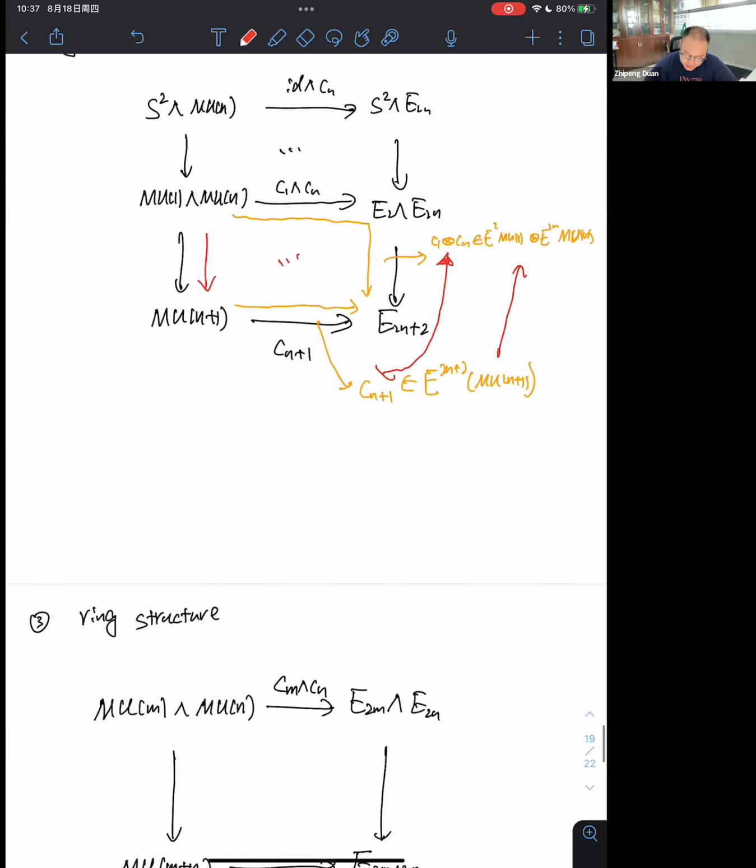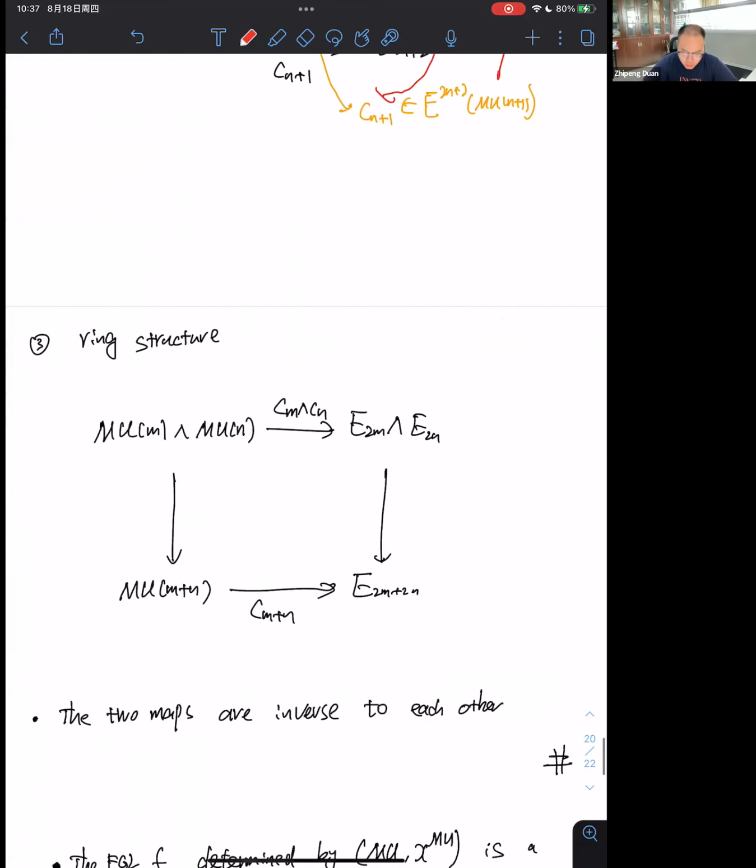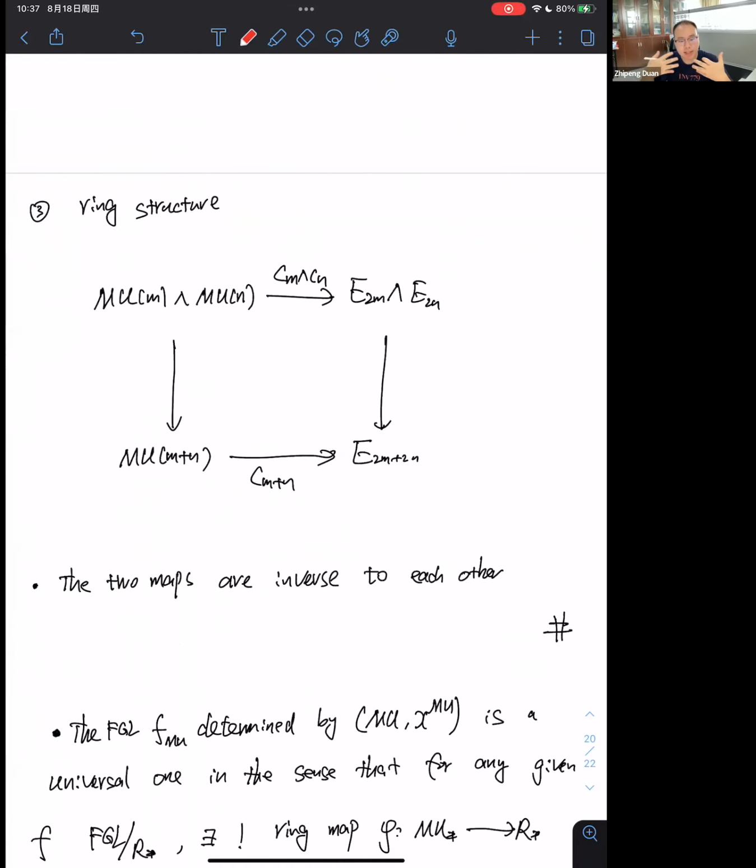And similarly, to show it is an actual ring map on the point set level, we just need to check that this square also commutes up to homotopy. If you go along this way, this map corresponds to the class Cm tensor Cn in the generalized cohomology of MUm tensor the generalized cohomology of MUn.